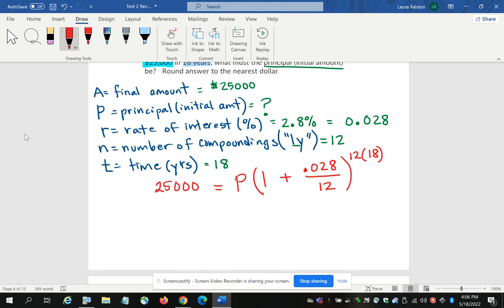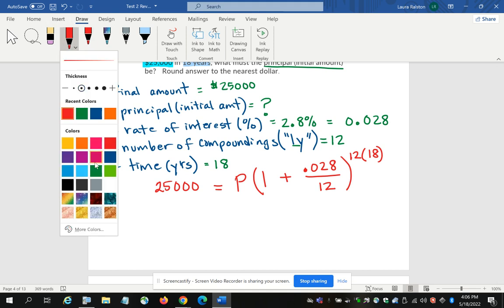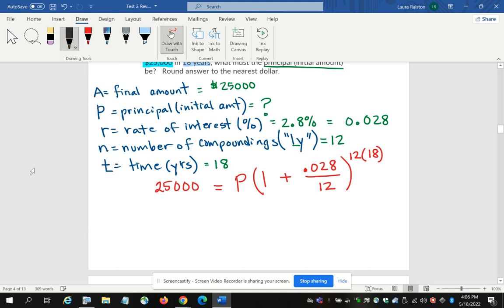Okay, so then again, if you know how to do it very carefully, you can put all of that into your calculator at one time. I personally like to do it in baby steps. Okay, so if we follow order of operations, I'm going to do this multiplication here in the exponent first.